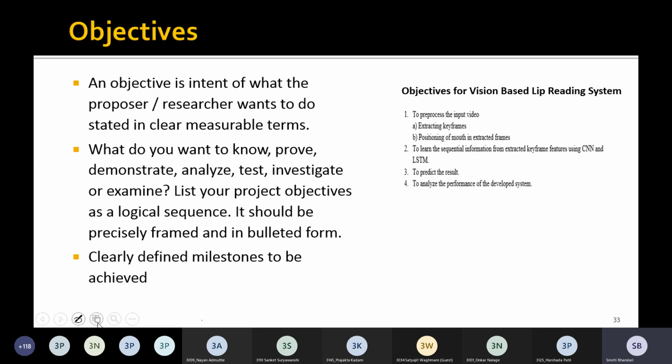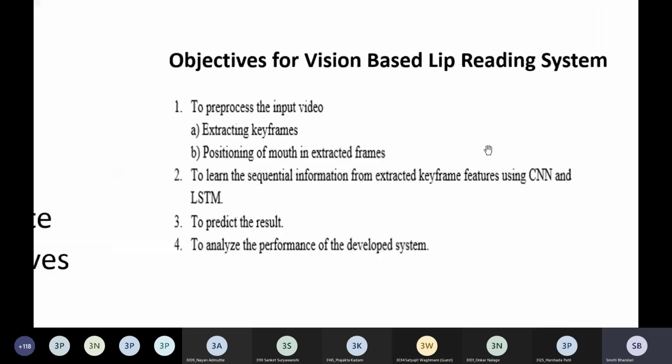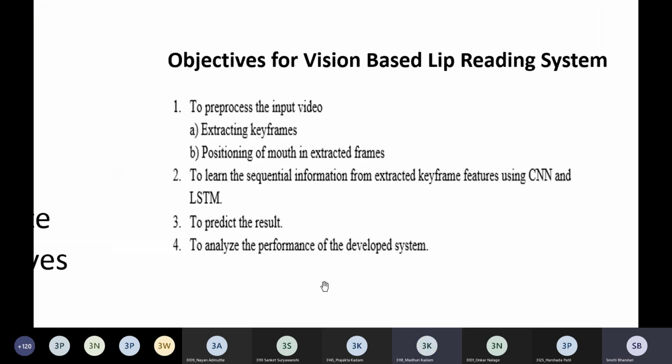See here how we have written the objectives. I hope the screen is visible. Yes, ma'am. So see here how the objectives are written.